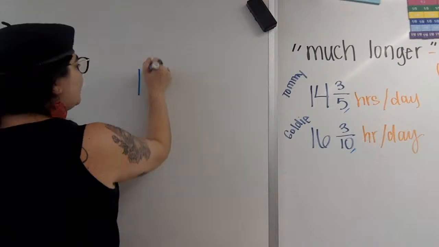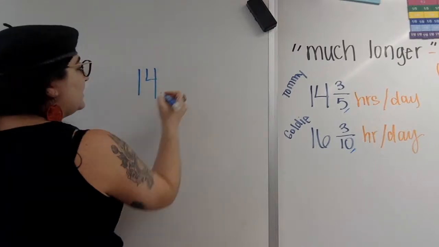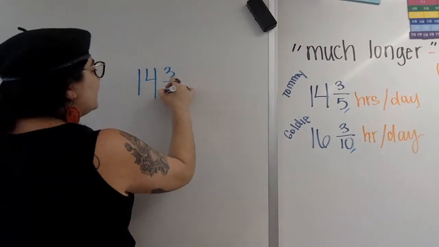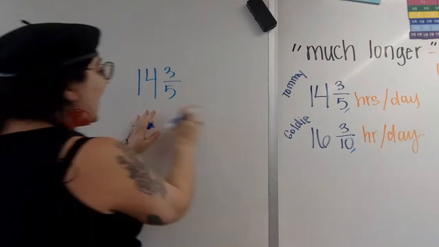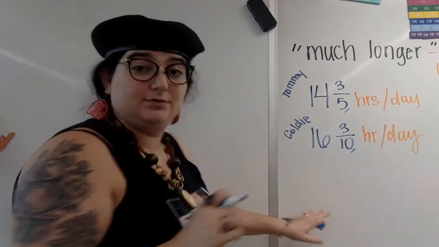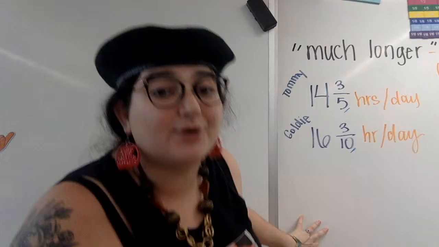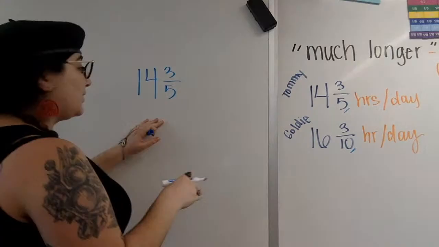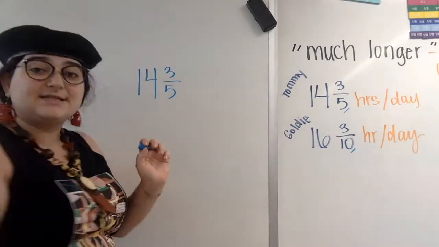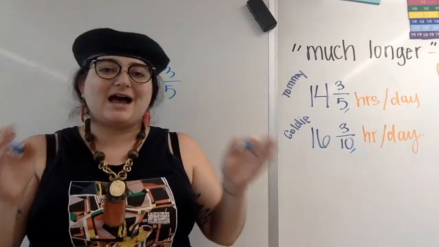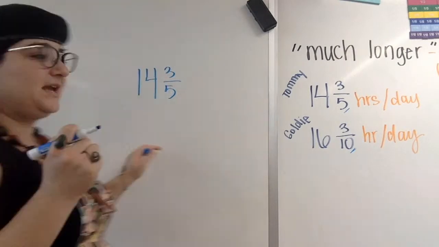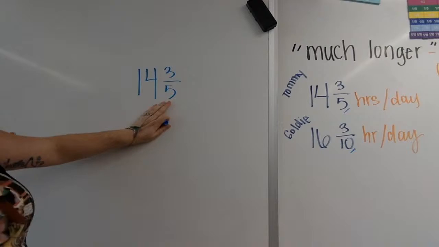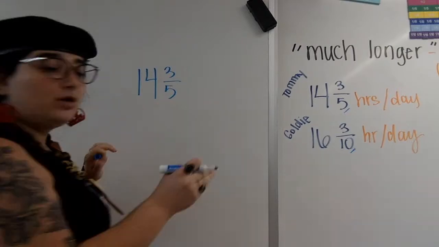We have Tommy's 14 3/5, and I need to be able to subtract this number from Goldie's to see what the difference is. How much longer does Goldie sleep than Tommy? But I can't do that if I don't have the denominator matching Goldie's.